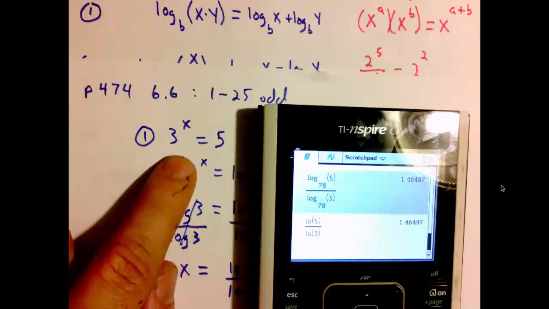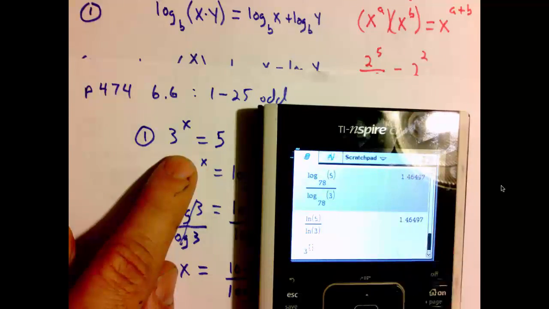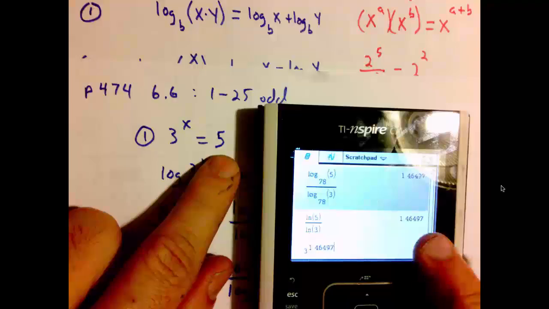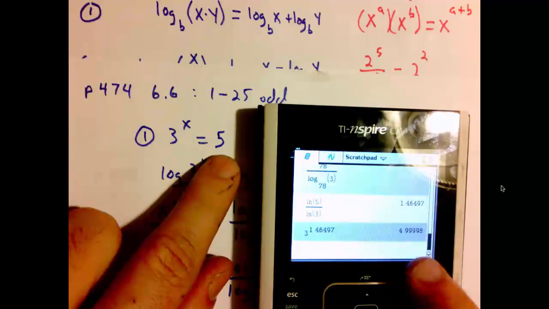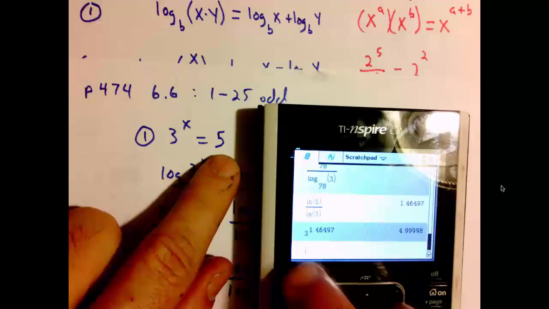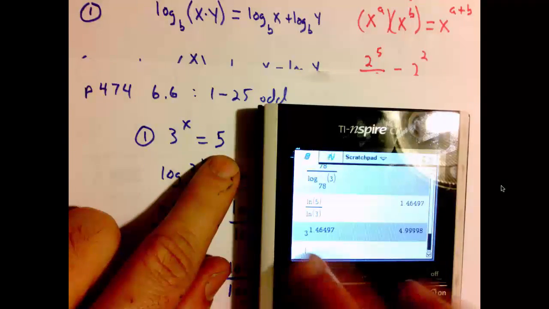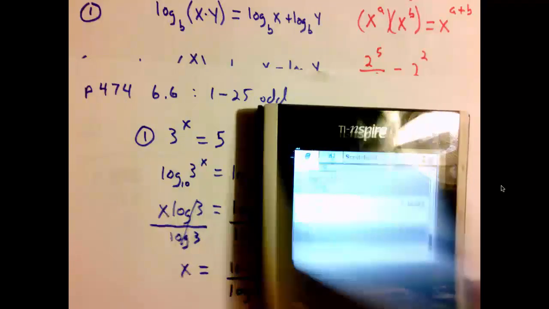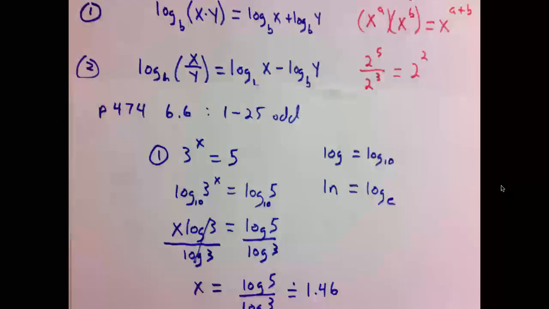You'll see it satisfies it. 3 to the power of 1.46497 is going to be close to 5. Again, this has been rounded, so it won't necessarily be exactly 5, but you can see there it is. What we're saying is 3 to that power will be 5, and you see that it is. Okay. That's number 1.